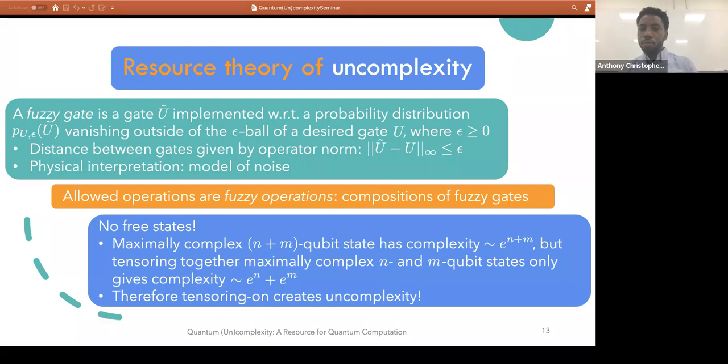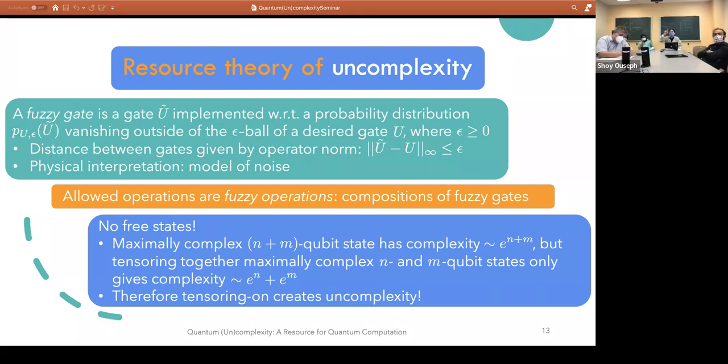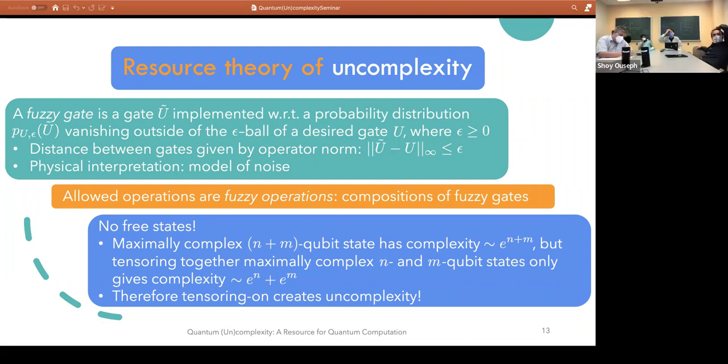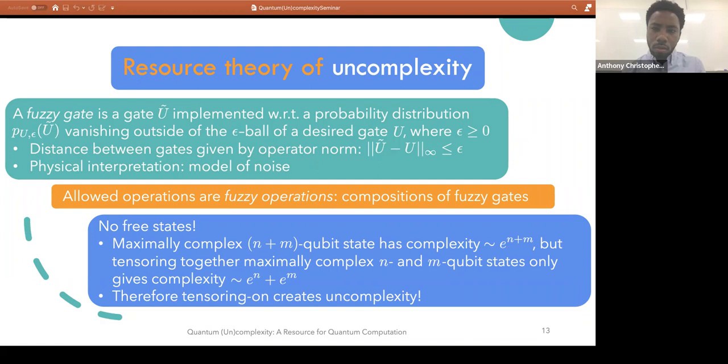So if you have a maximally complex qubit state, then its complexity is maximum, right? And if you compare two maximally complex qubit states, uncomplexity should be 0, right? Yes, I see your argument.